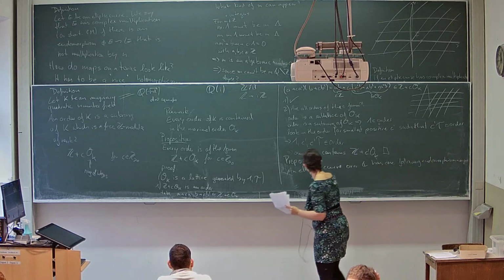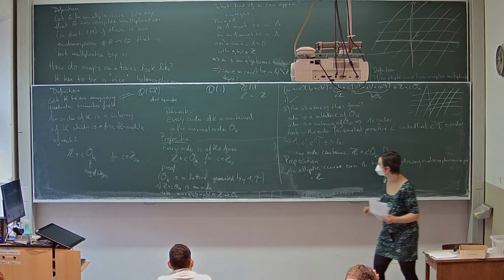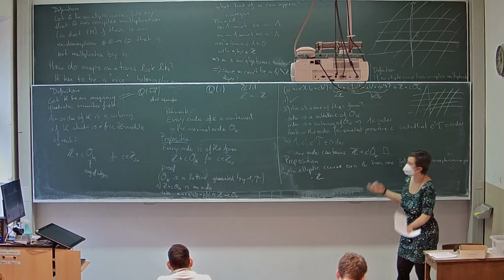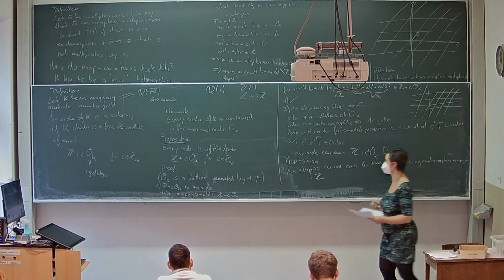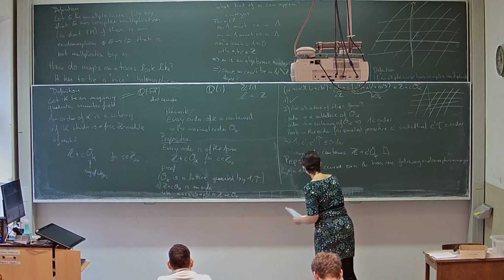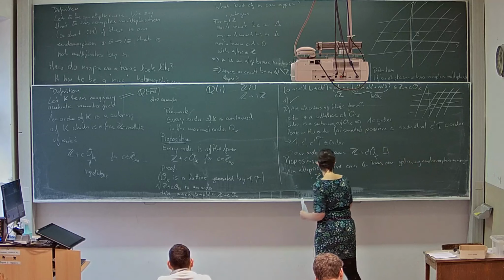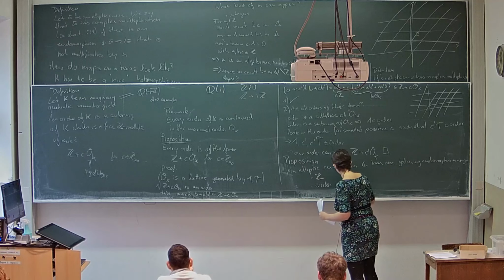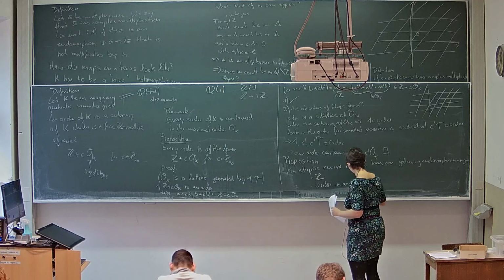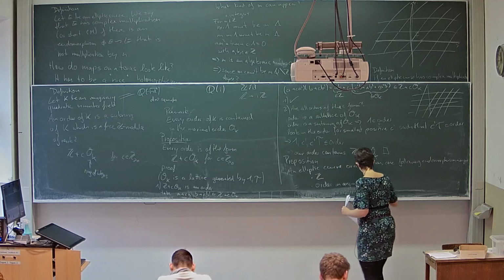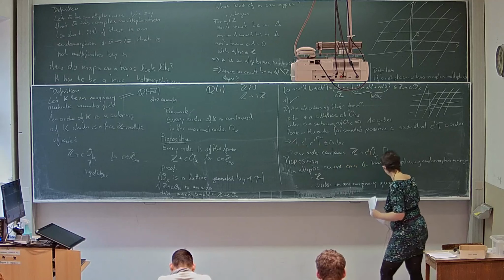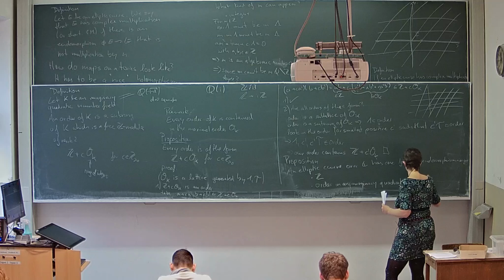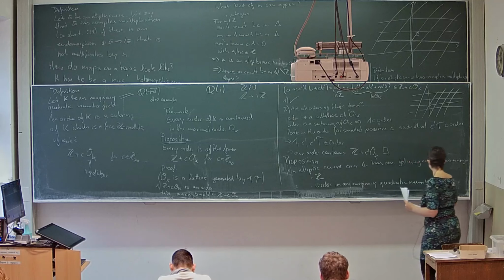So either the integers, as we saw before, or the ring of integers of a quadratic imaginary number field, or something a bit smaller. So an order in an imaginary quadratic number field.